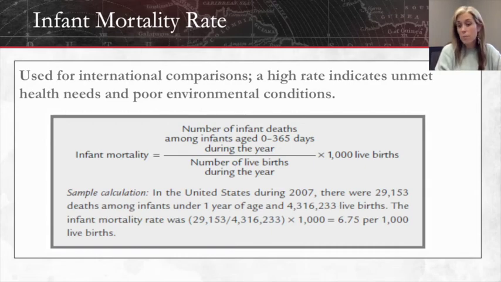Some may say they prefer to see it per 100,000. Well, those are just decimal conversions in order to make it meaningful to your audience. So Frisk tends to say that when you're calculating infant mortality, go ahead and put it per 1,000. But if you were doing large international comparisons, 100,000 live births may be more meaningful.